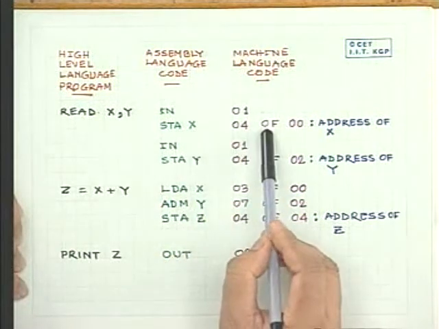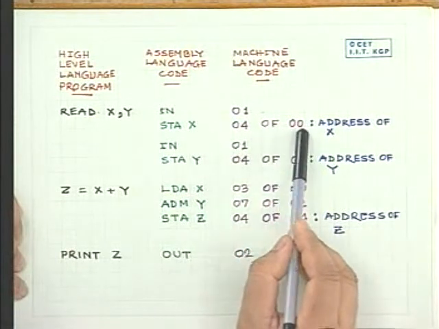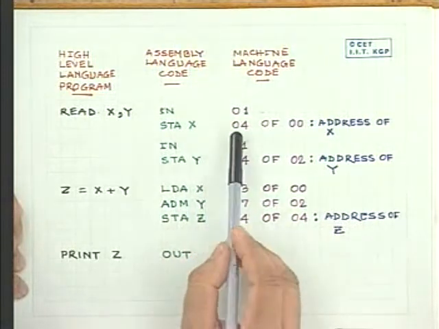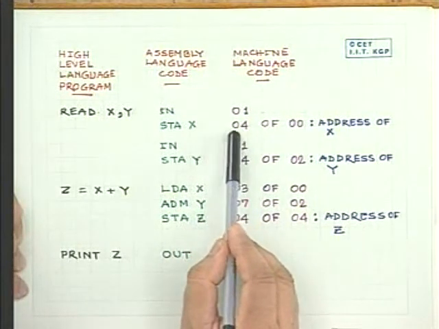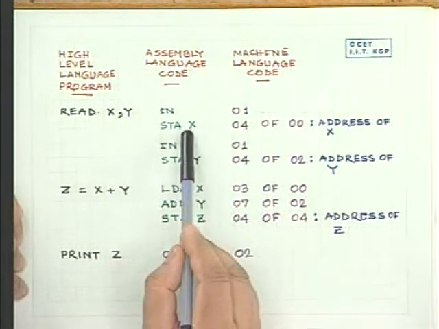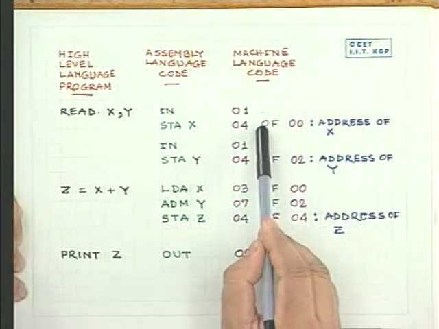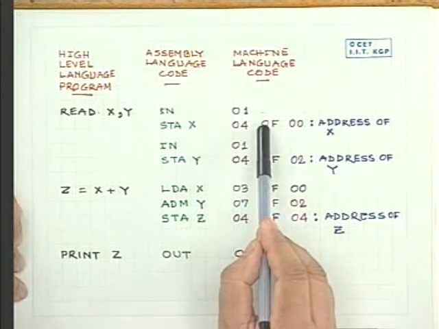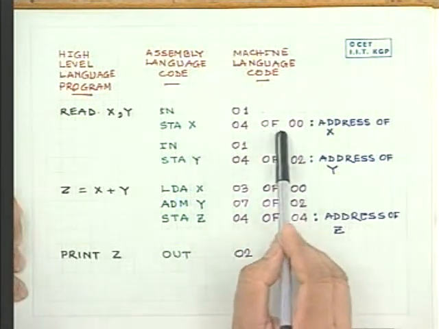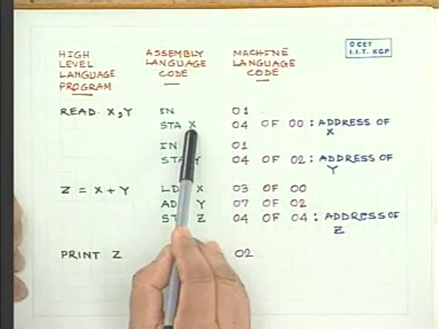I have assumed that the address of that memory location is 0F00, which means that I have assumed an instruction opcode is of 8 bits or 1 byte. The address of a variable can be of 16 bits: 4 hexadecimal characters put side by side will make a 16-bit binary number, which will be the address of this symbolic address X.